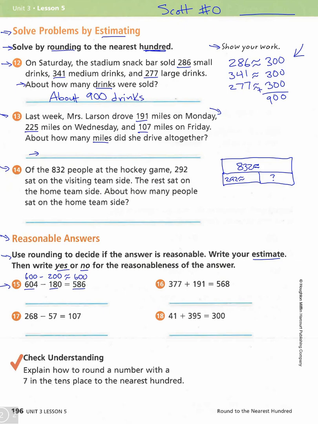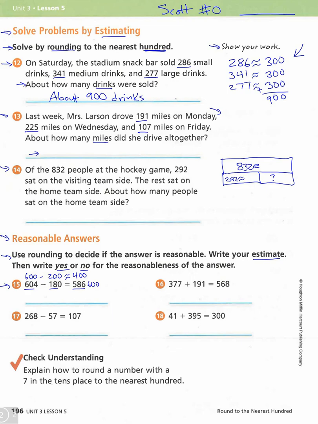Right? So let's look at this. What's 600 take away 200? It's 400. But what's 586 if we round 586? It's 600. Those are pretty far apart from each other.